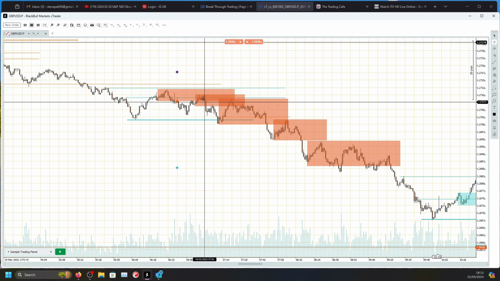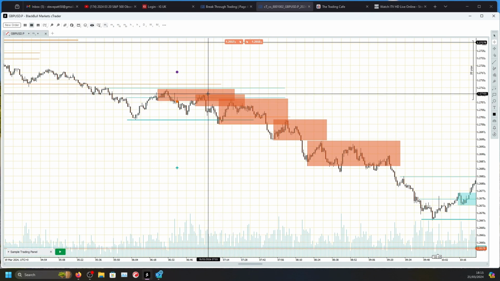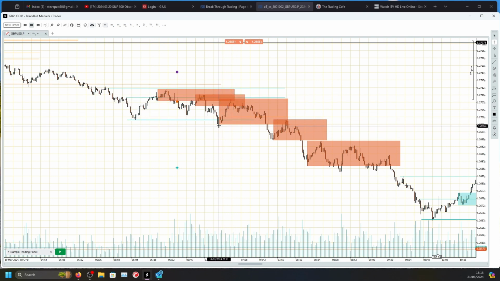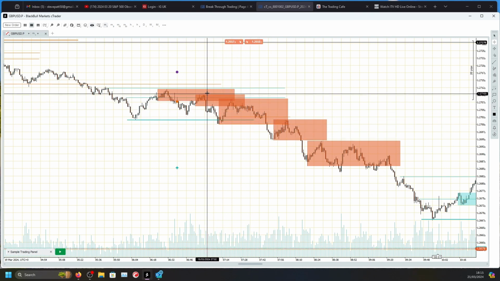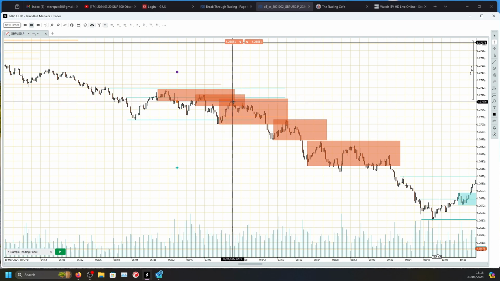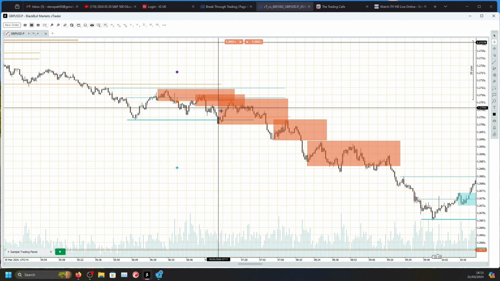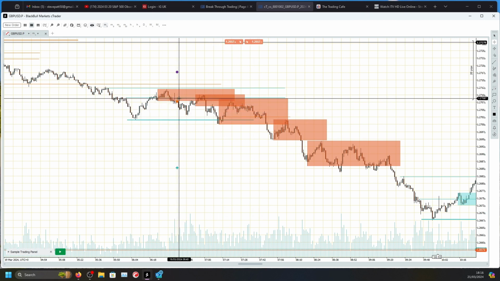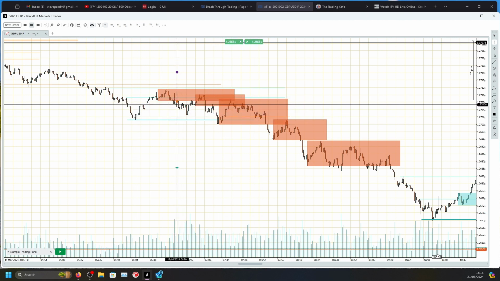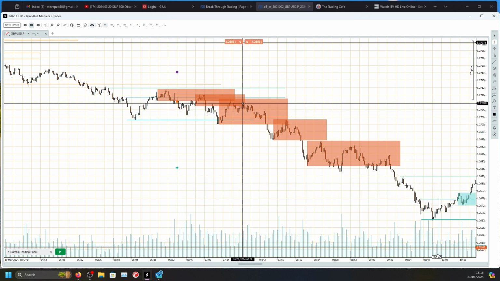So if I see price doing this, making lower highs, lower lows like this, I will move my stop down to break even, just to give me a little bit.